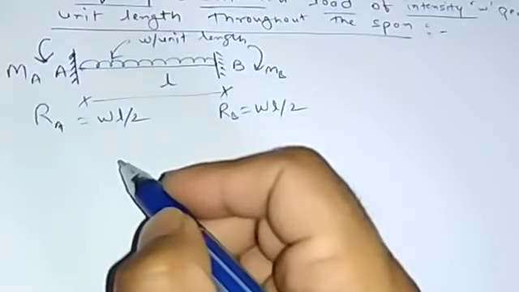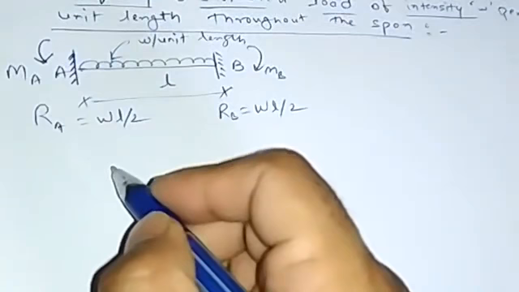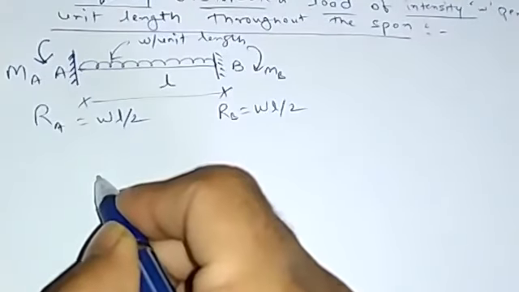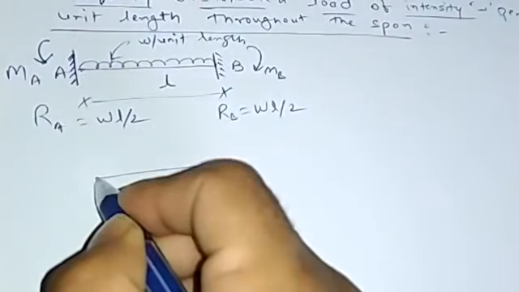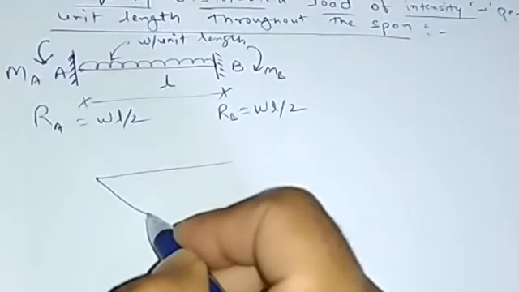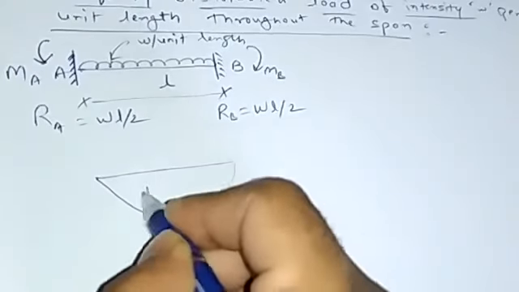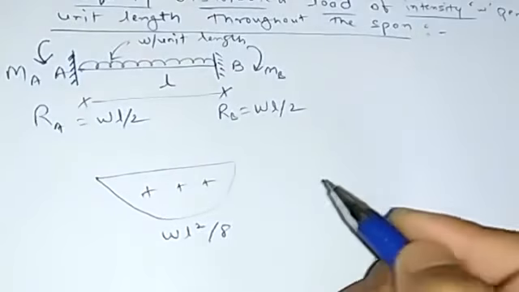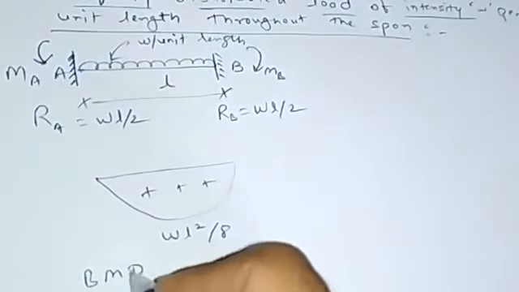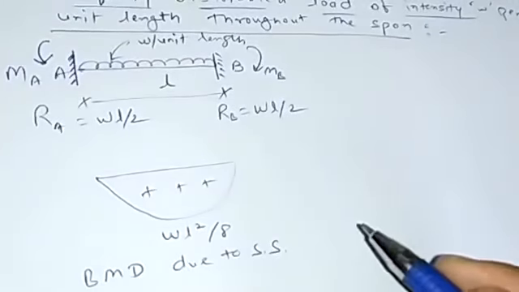So here we need to consider this as simply supported, subjected to UDL. So we'll have the bending moment diagram like this, parabolic, and this would be WL square by 8, due to simply supported.